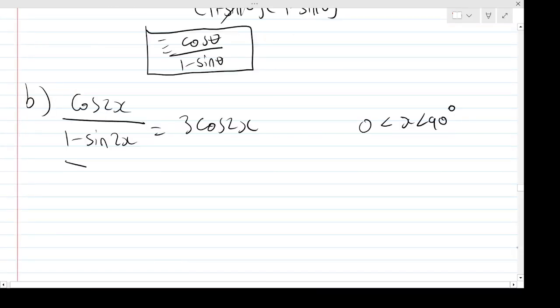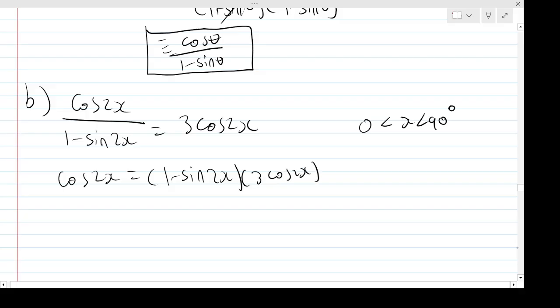Obviously it's a fraction, so probably the best thing is to multiply across. If I multiply by 1 minus sine 2x, I get cos 2x is 3 cos 2x times 1 minus sine 2x.